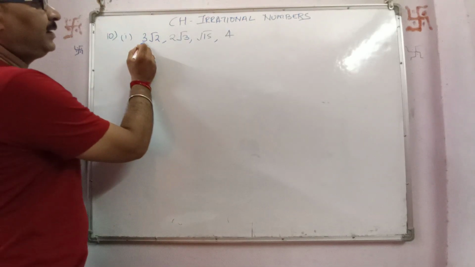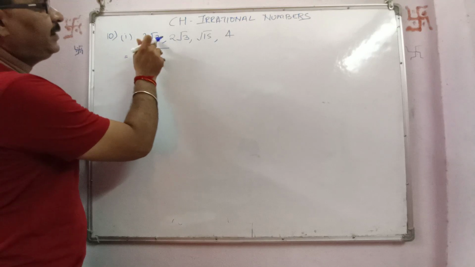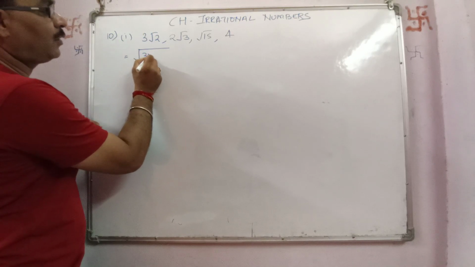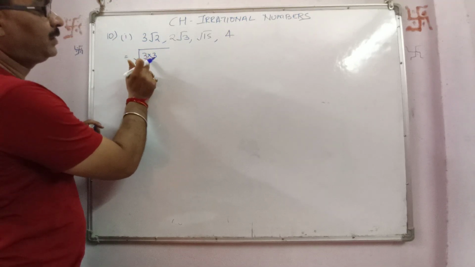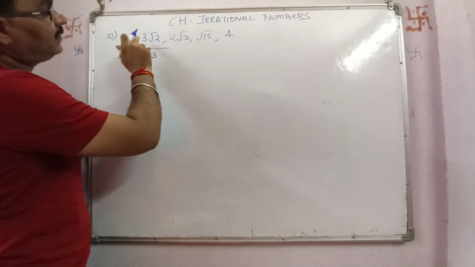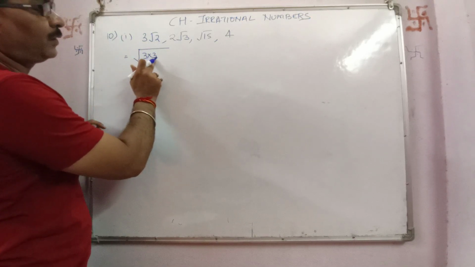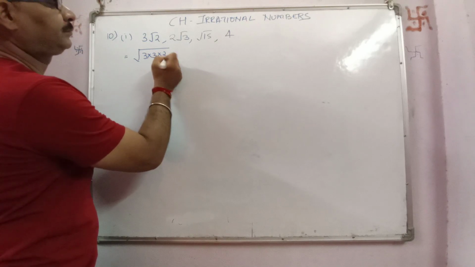So this 3 is out of the square root. So first what we will do, we'll insert this 3 into square root. So we all know that given a pair of a same prime factor is formed, that can be taken out from the square root. So as to insert the number into the square root, what we have to do? We have to write 2 times the same prime factor.